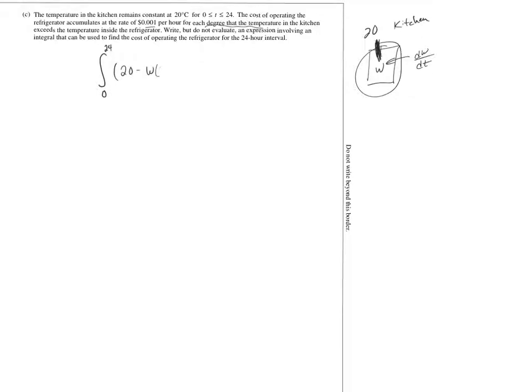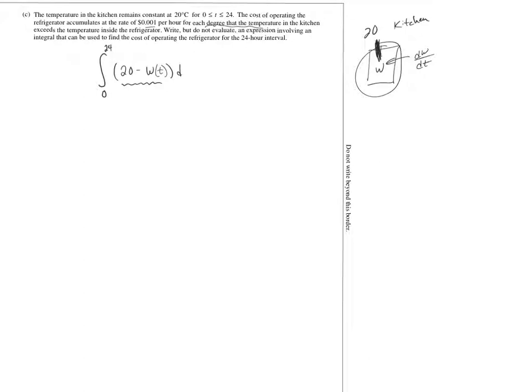The W of t isn't the temperature difference, the W is the temperature inside the fridge. So 20 minus W(t) is going to be the difference between the kitchen temperature and the temperature inside the fridge. We have to pay for all of this at that rate of 1/1000th of a dollar per hour.